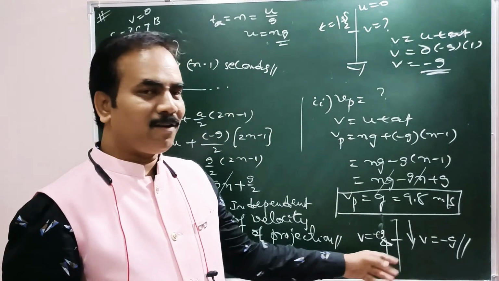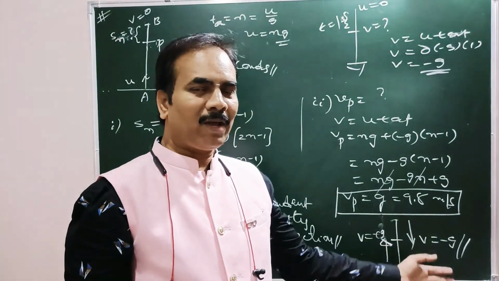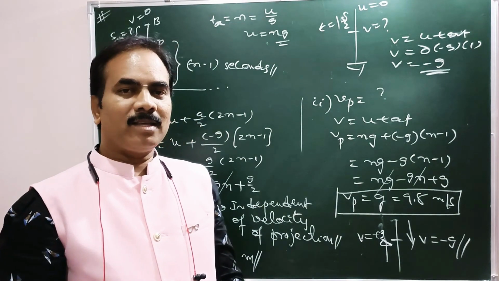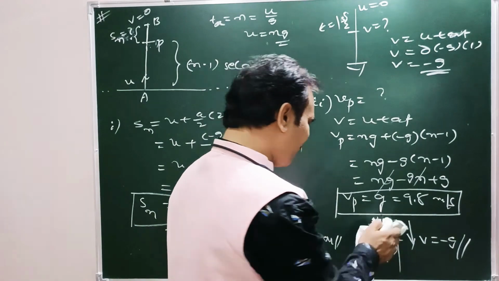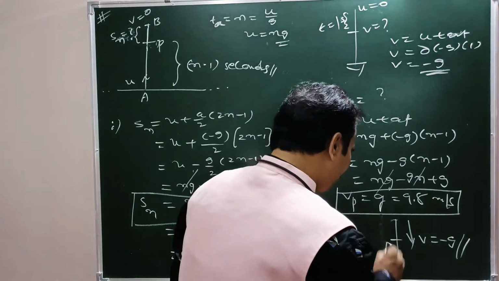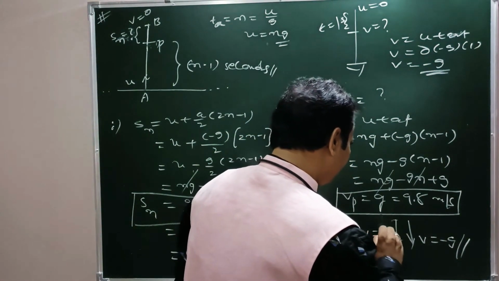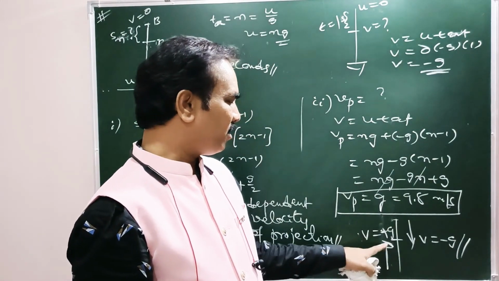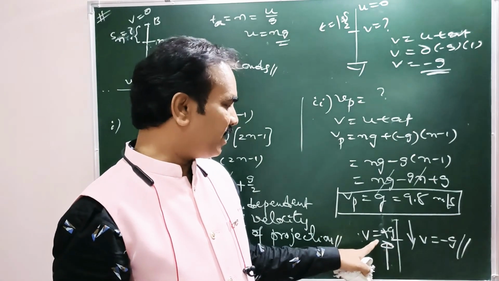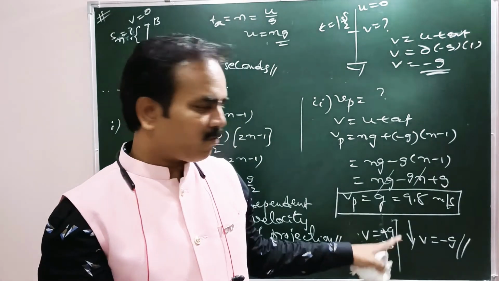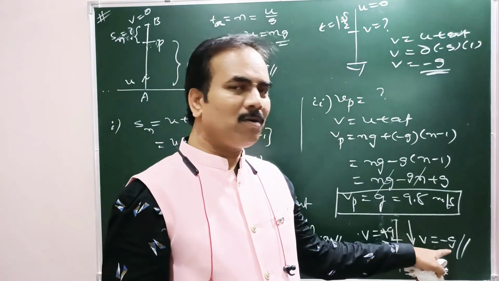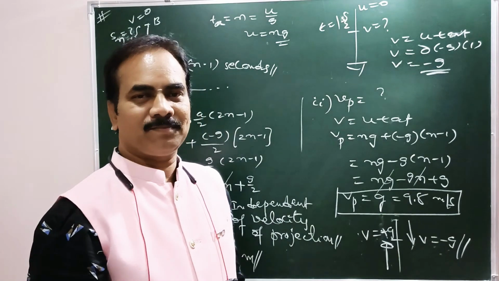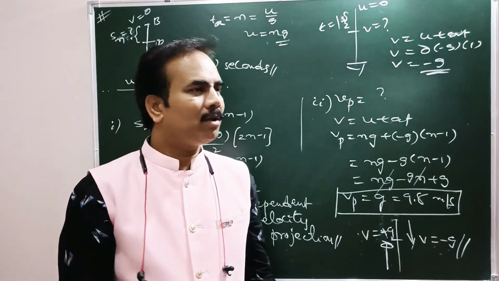Means speed remains the same, but velocity is not equal, because velocity should have direction. So during upward motion, 1 second before reaching the highest point, v equals g. During downward motion, 1 second after free fall, v equals minus g. Plus g, minus g means the magnitude is the same, so speed is the same. That's what I want to tell.